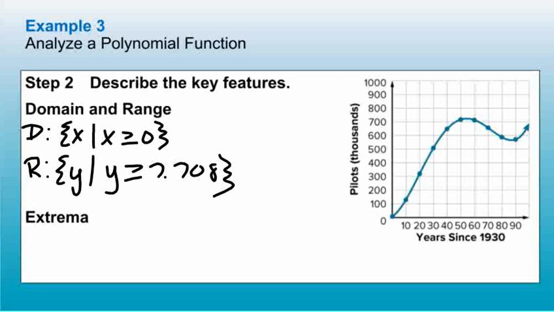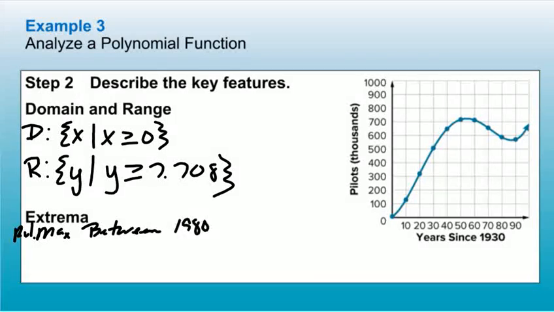The extrema, so the maximum, the high point was between 50 years and 60 years since 1930. So that would be between 1980 and 1990. We have a max, or a relative max, between 1980 and 1990.